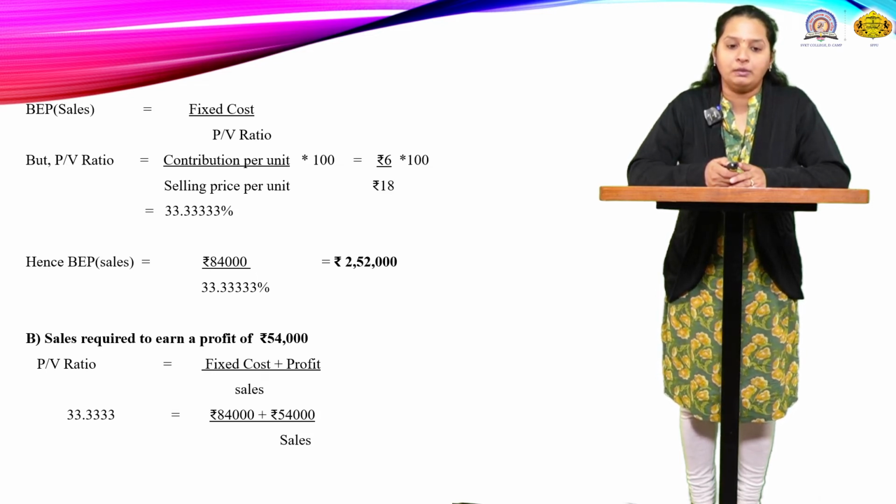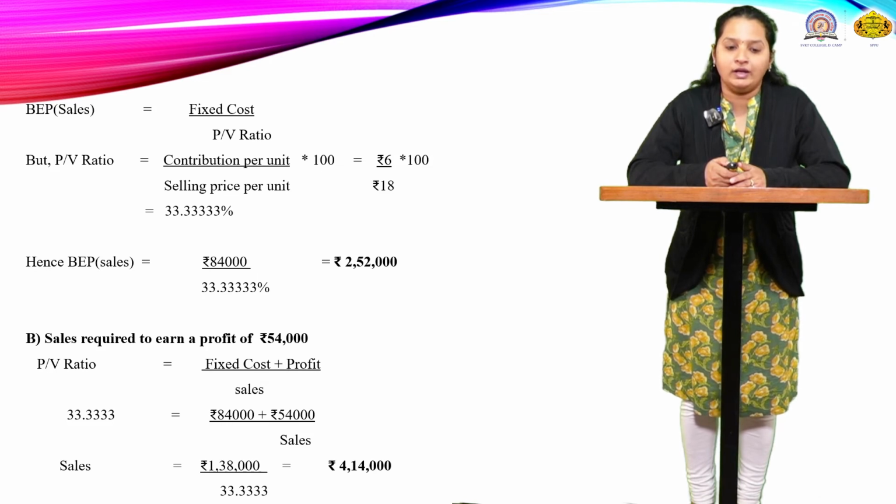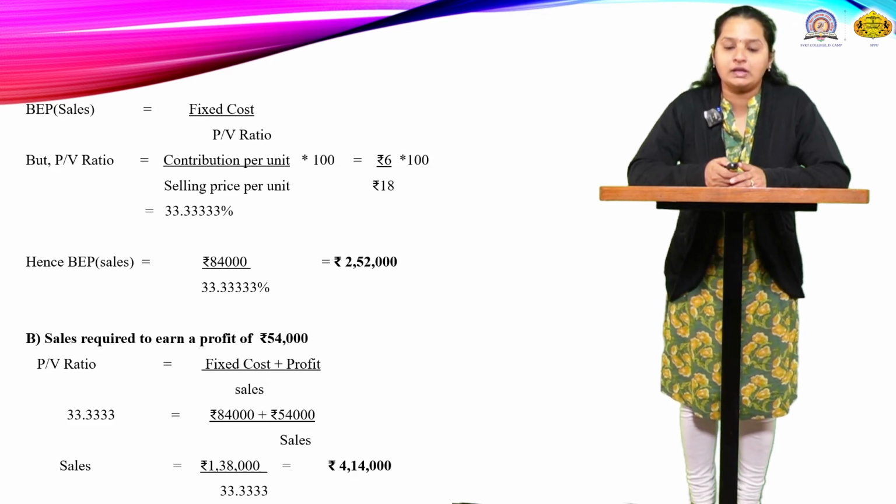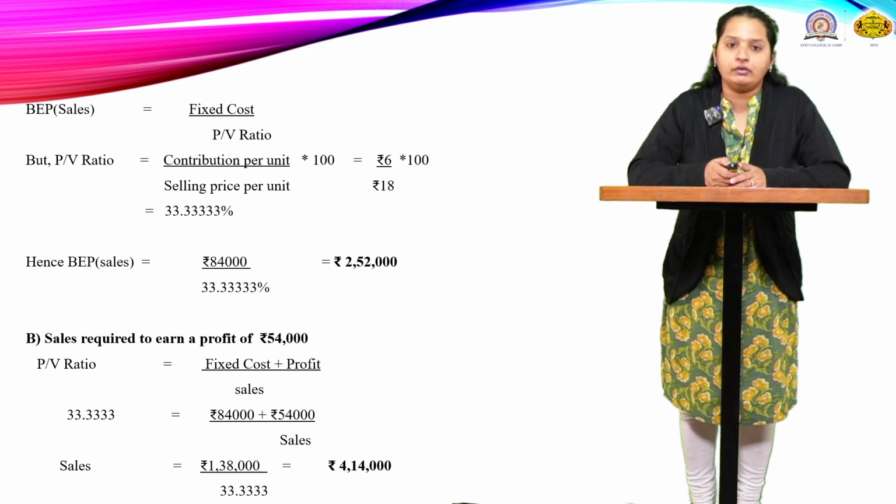By cross multiplication, sales is equal to the addition of 84,000 and 54,000, that is 1,38,000, upon 33.3333%, which is our PV ratio. In this way, we can calculate the sales, that is rupees 4,14,000.